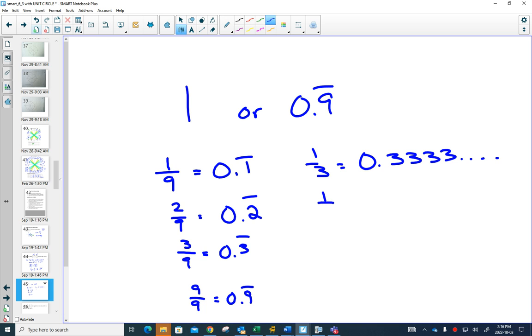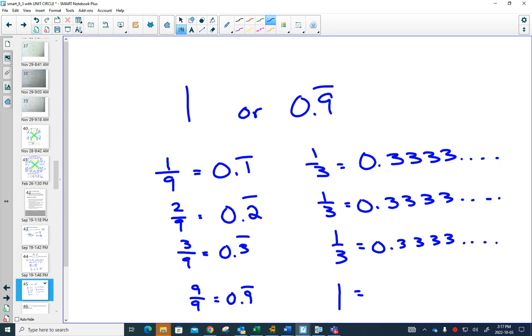And if I took another 1/3, and I took another 1/3, now if you add up 1/3 plus 1/3 plus 1/3, you get 1. But if I add up the right side, I never have to carry. It always works out that there's going to be a 9. No number ever carries over. It will be 0.9 repeated. So that one feels like a little bit better of an explanation.